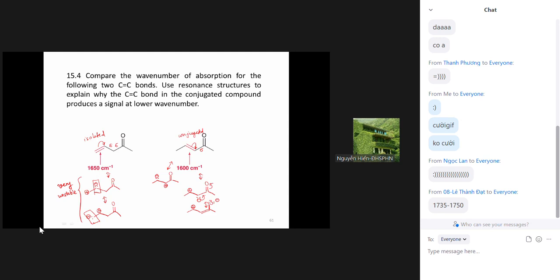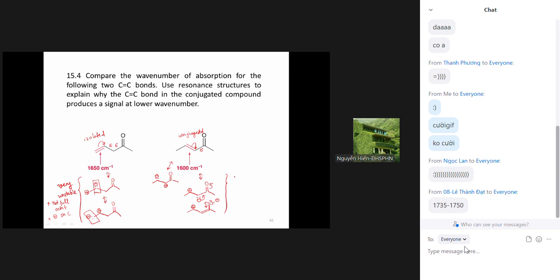You know that the electronegativity of carbon atoms is medium, and carbon atom therefore does not have the good ability to store a negative charge. The same for this.